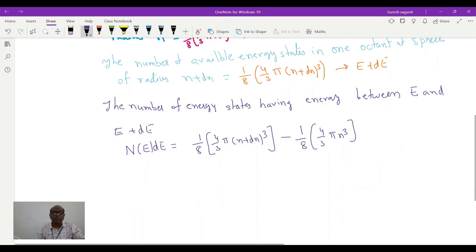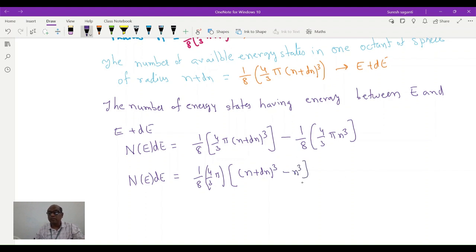So further simplification, N of E dE is equal to 1 by 8, 4 by 3 pi, also we will take common. So what is left out in the parenthesis is n plus dn cube minus n cube.